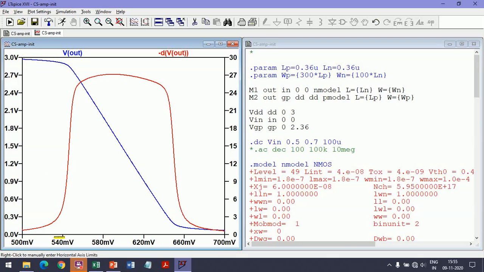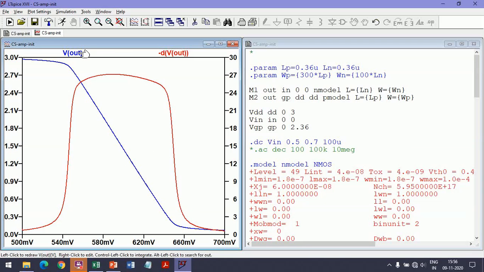Then as the NMOS gate voltage increases, the voltage drops, and in this range both transistors are in saturation. At high gate voltages at the NMOS, the NMOS goes into triode and the gain becomes small and the output voltage becomes close to ground, because the NMOS drain source voltage is small. The red is the gain.